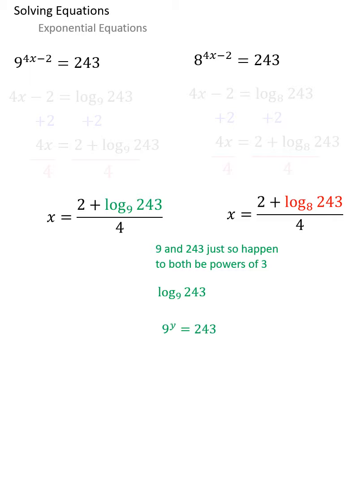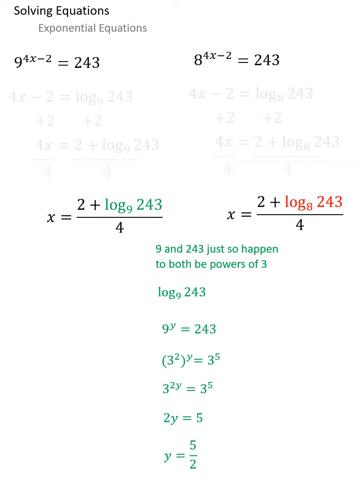And so, to solve for y in this equation, I'm simply going to express 9 as 3 squared and 243 as 3 to the 5th. Using a special rule of algebra for exponents raised to exponents, I can now drop the 3's. After all, if 3 to one power equals 3 to another power, those powers must be equal. And I can now solve for y by dividing by 2.